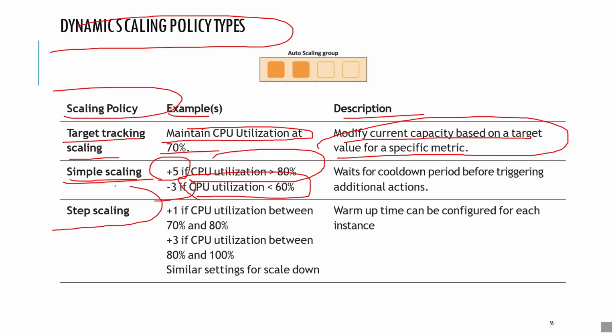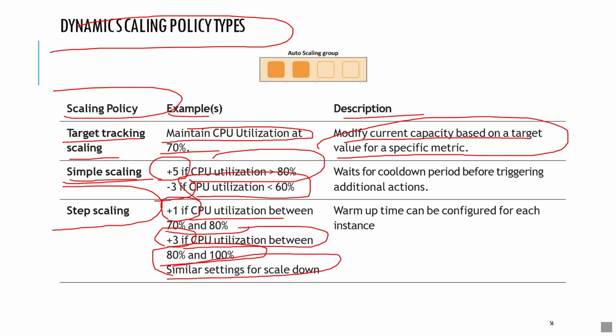So what is step scaling? We create a policy that when the CPU utilization is between 70% and 80%, we increase the instances by +1 so that it can handle the traffic. If the CPU utilization is between 80 and 100%, then we need more instances, that is +3, in order to handle the traffic.